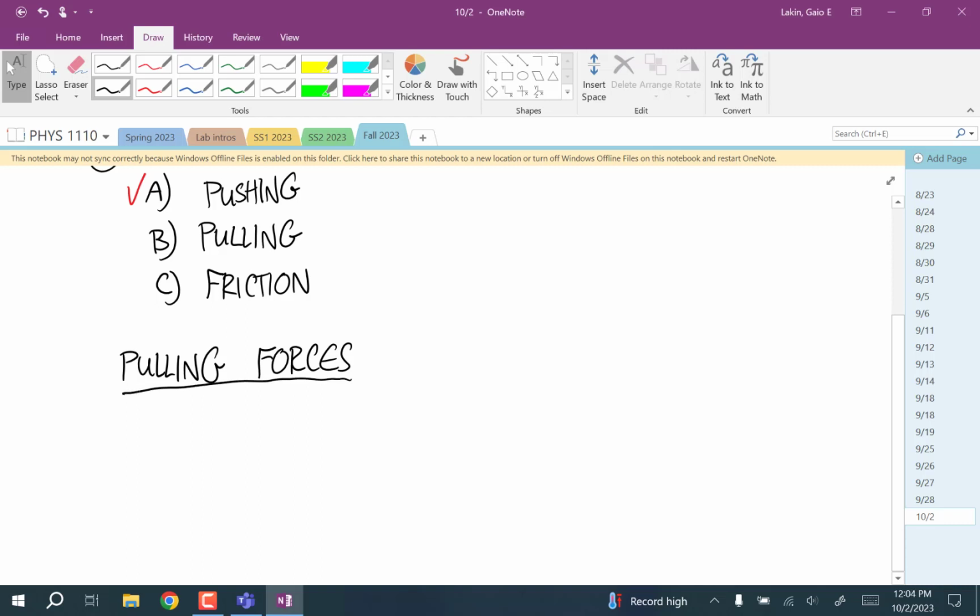And to identify whether something's a pulling force or not, think, could the contact between these objects be replaced by a cable? And by a cable, I mean like a string or a rope or whatever. And the same basic thing happen between the bodies.